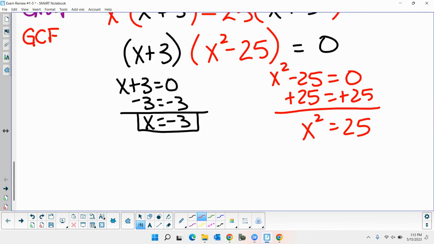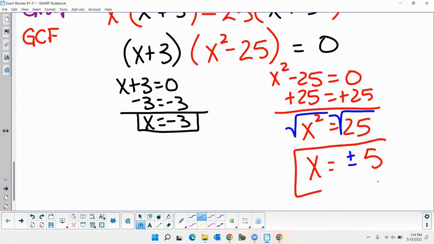Yeah, square root them, right? But you got to remember what symbol. Yeah, you got to remember plus or minus. That's where the plus 5 and minus 5 come from. So you can do it that way too if you're solving it. If we were just factoring it, we'd have to do like we did in the problem before.